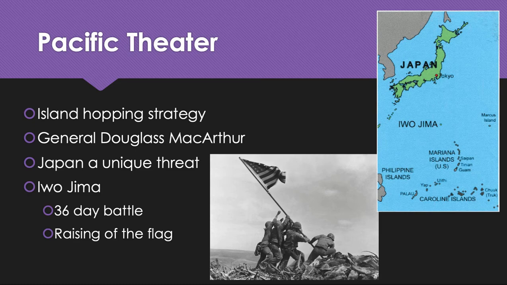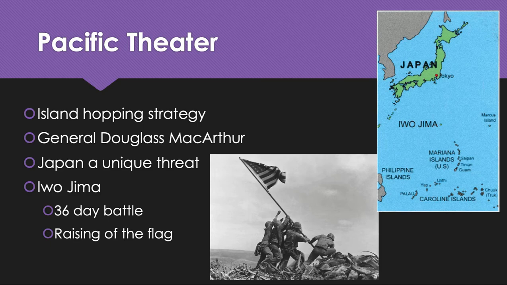But after that, battles are going to rage on for 4 weeks. Essentially, we are going to see repeated banzai attacks from the Japanese. Americans are going to eventually take the island, and we capture it.